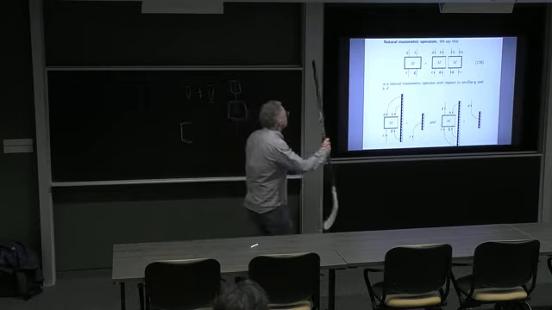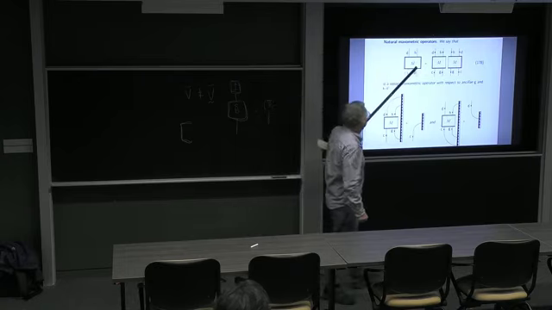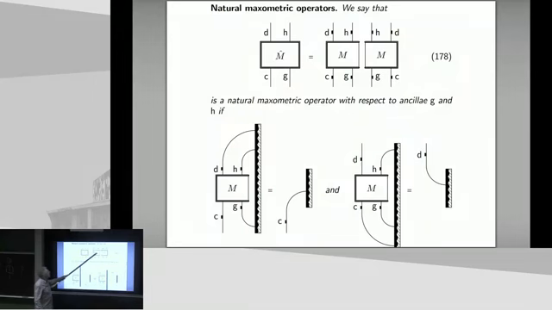But you can take some operator tensor like this that's homogeneous, and I want to identify the G and the H as ancilla. So the idea that certain systems are ancillary is essential for the definition of what I mean by maxometry. Okay. And then the definition for this to be a maxometric operator is that these two conditions are true.